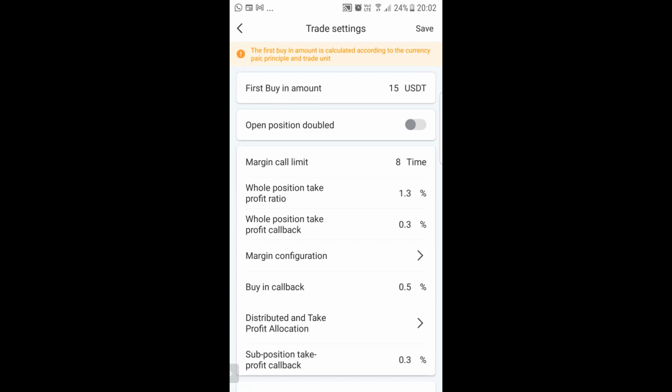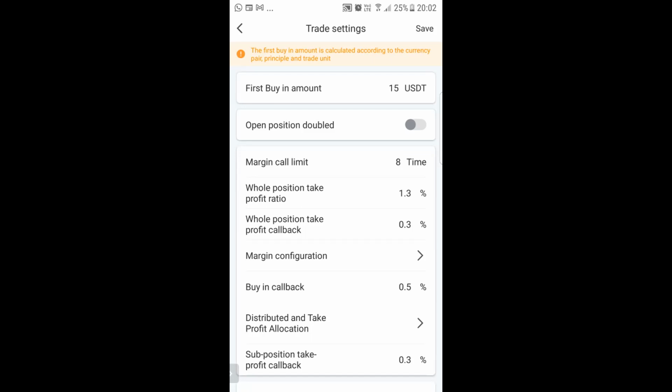It means when in a perfect market condition, after the profit has been taken, the bot must come back when there is 0.5% drop. Do you understand? When there is 0.5%, the market must come and buy again. Remember, in buying, we buy low and sell high.